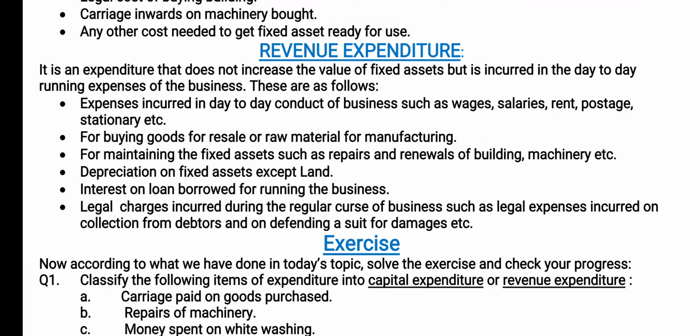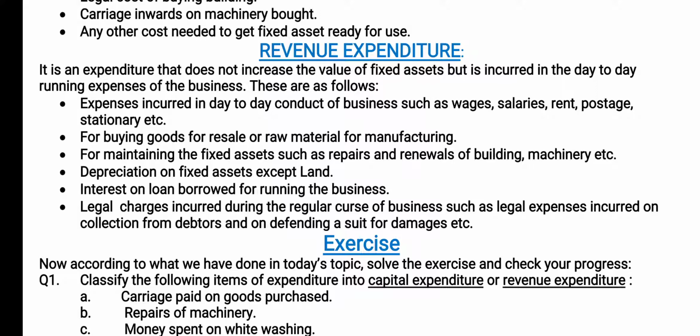In a simple way, the expenses you incur in the day to day activities of the business will be part of revenue expenditure. Suppose you are buying goods for resale or raw material for manufacturing, that will also be part of our revenue expenditure.